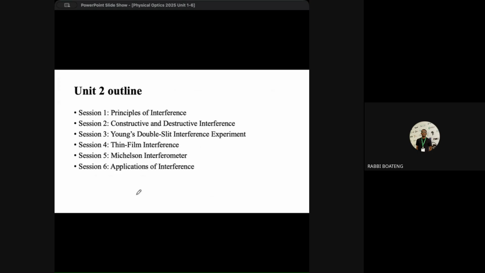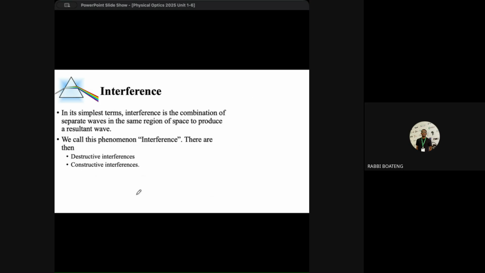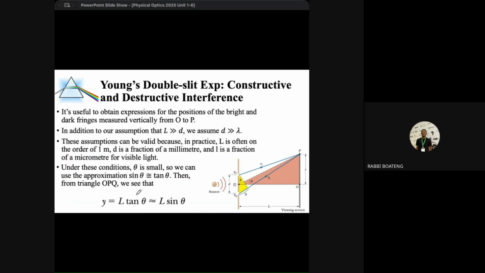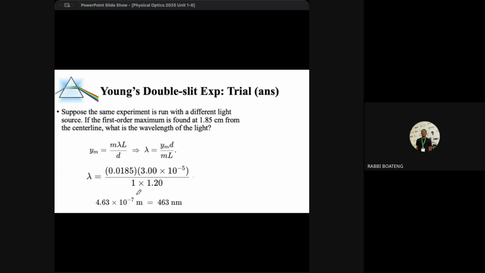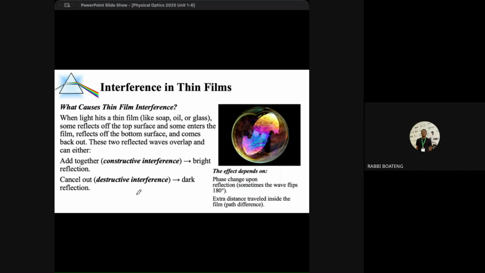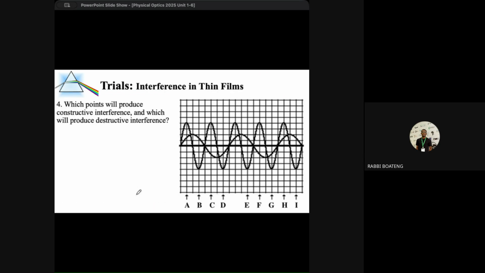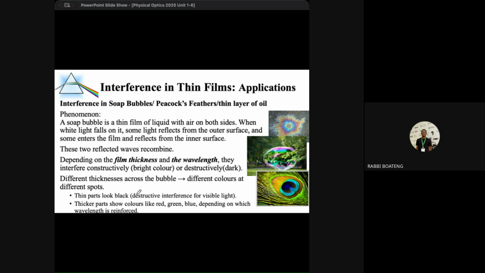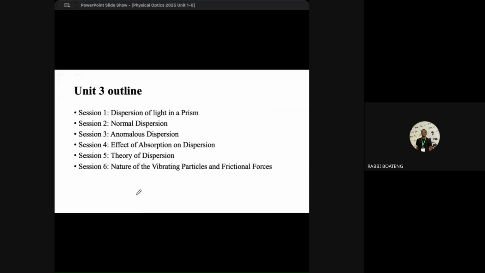Then you move to unit 2. Then we come and do interference proper here with the formulas. Then thin film interference. Okay, unit 2 is not plenty, so we may finish soon with unit 2. Then we move to unit 3.